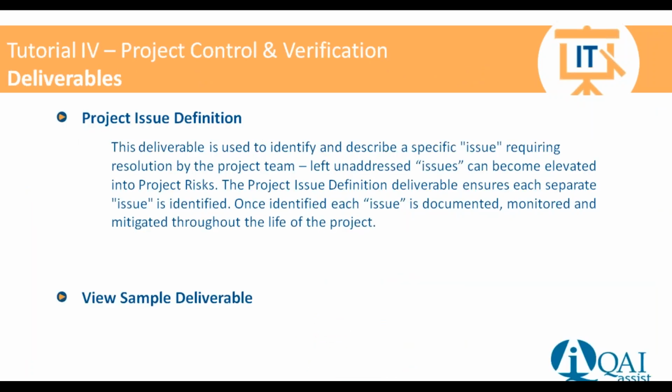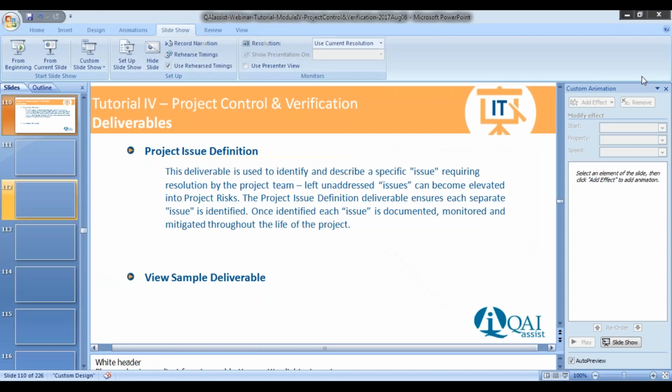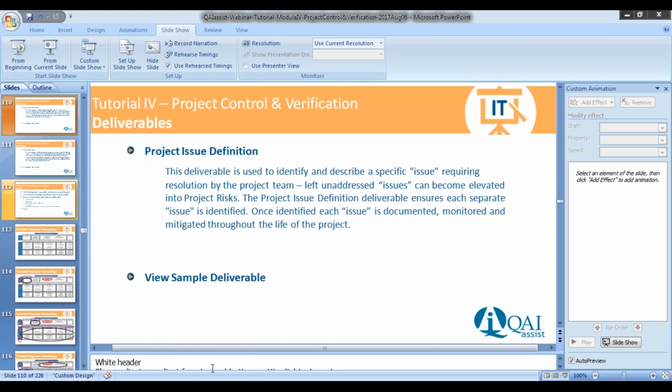So let's take a quick look at project issues and what they may look like. Essentially, what we're trying to do here is identify what the issue may be and document it. So it's going to be documented, monitored, and mitigated throughout the life of the project. So let me try my technical expertise here, or limited technical expertise.